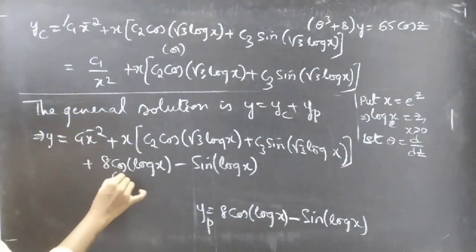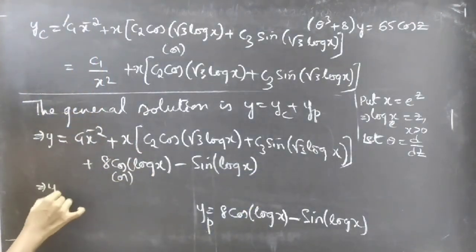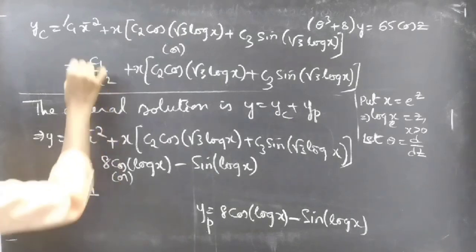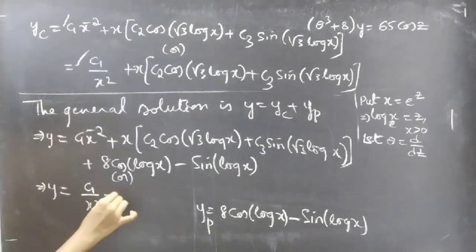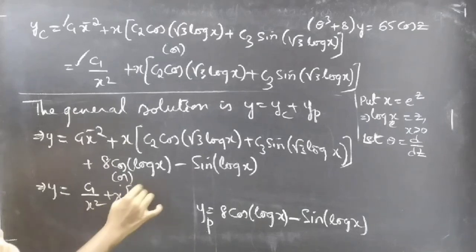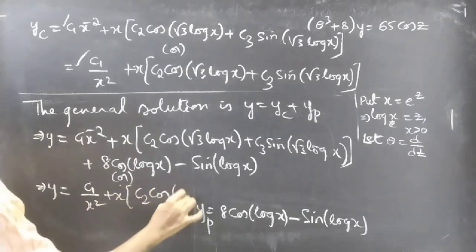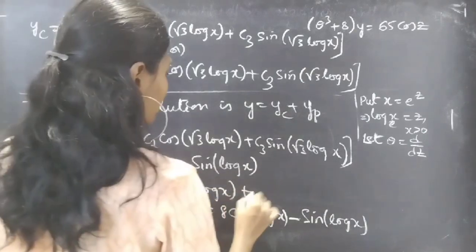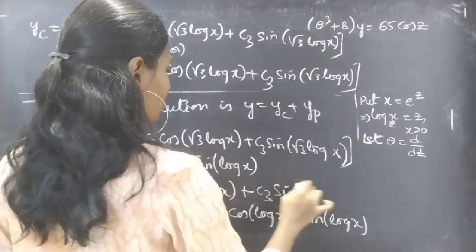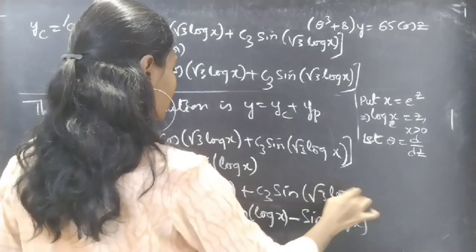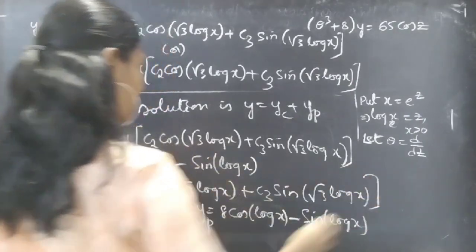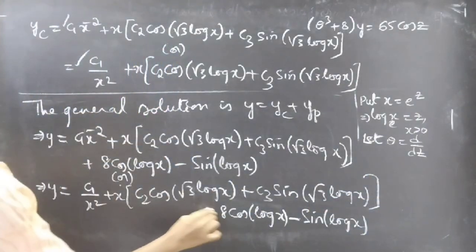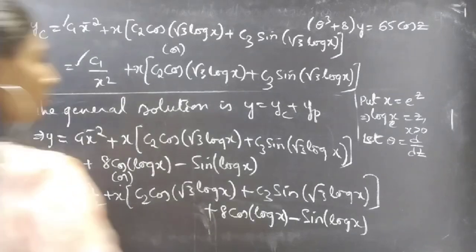Or y equals c1 by x square plus x times c2 cos of root 3 log x plus c3 sine of root 3 log x plus yp. Okay, so this completes the problem.